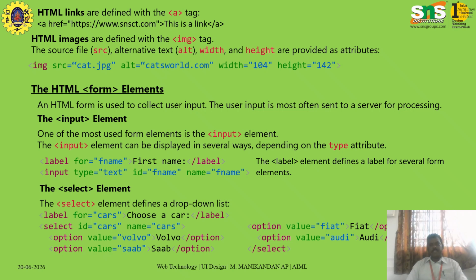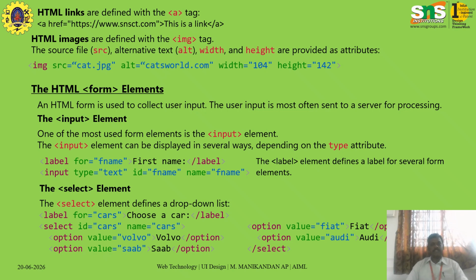The label element defines a label for several form elements. In this way we can create labels for username, secondary name, phone number, mobile, address, and so on.